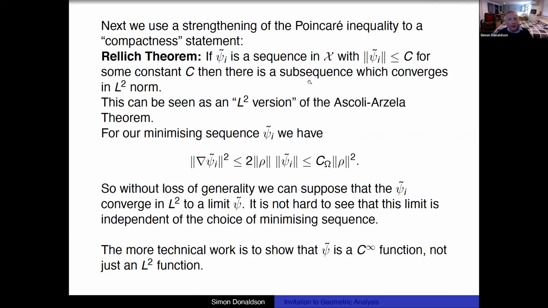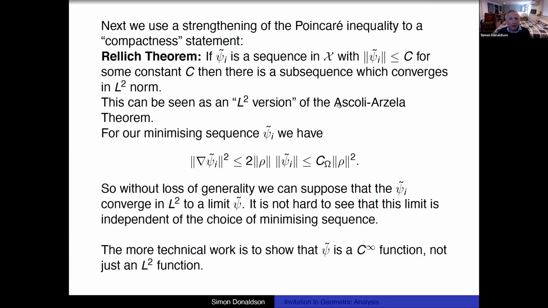This is an L2 version of what many of you may have encountered, the Arzelà-Ascoli theorem, which would imply that if we were just working with the supremum norm, if we have a sequence of functions where the derivative is bounded in L infinity, then there is a subsequence which converges in the C0 norm.